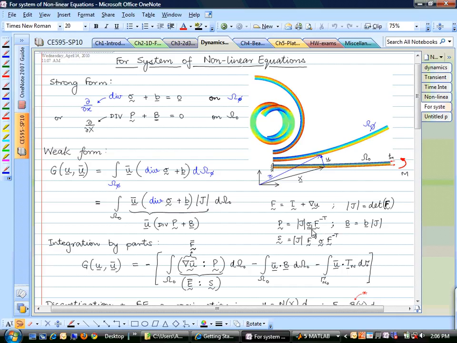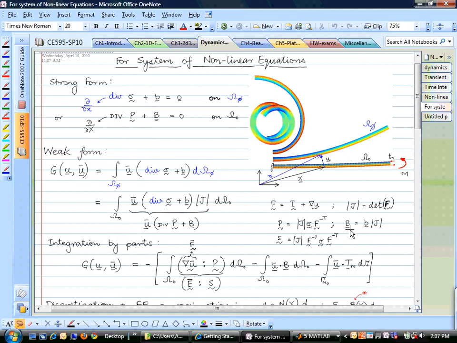You know that sigma is symmetric, right? But P is not symmetric. So to get a symmetric tensor in the undeformed configuration, if you just pre-multiply it with F inverse, this is called the second Piola-Kirchhoff stress tensor. So how many of you have actually seen this Piola-Kirchhoff stress tensor before? Okay, that's good.